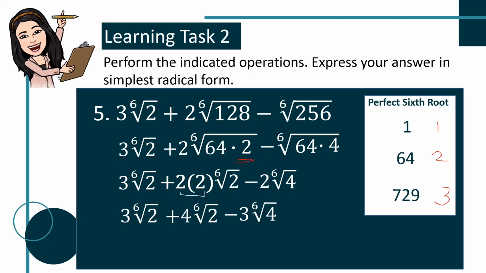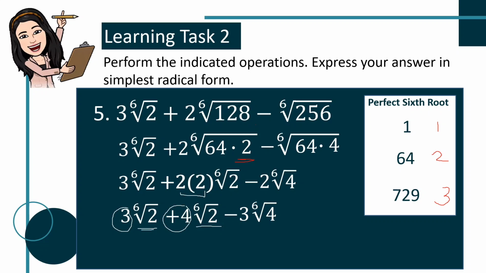Okay? Next, tingnan natin if there are similar radicals that we can still combine. Ayan. So, dito, parehas yung radical or similar radicals natin ang 3 6th root of 2 and 4 6th root of 2. So, therefore, we can add them. Pwede natin pag-addin. Paano? Paano nga ulit mag-add ng coefficient? Add the coefficient, ito si 3 at saka si 4, and then copy the common, ayan, radical.